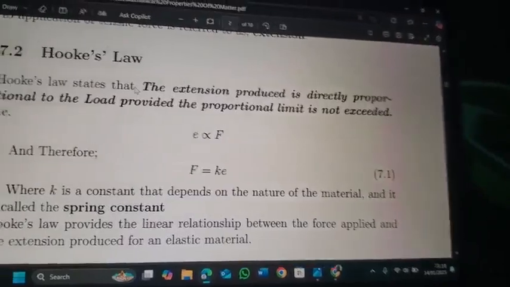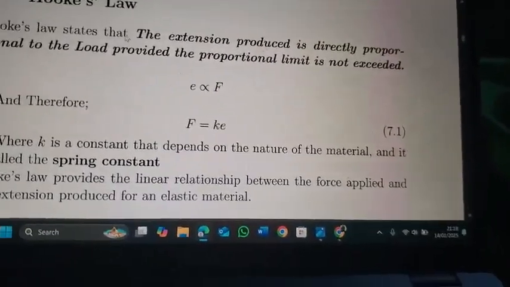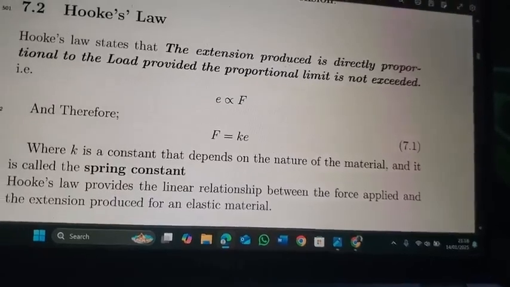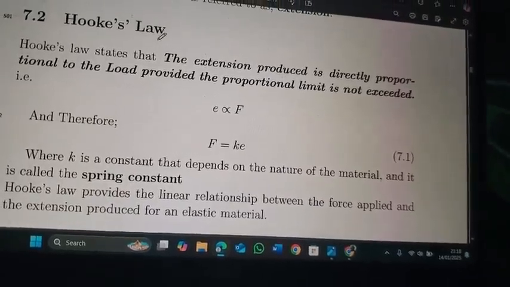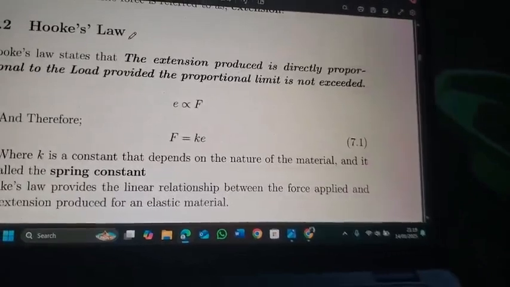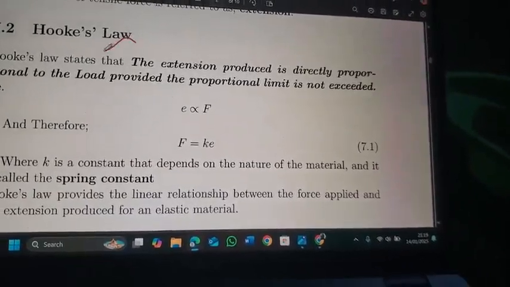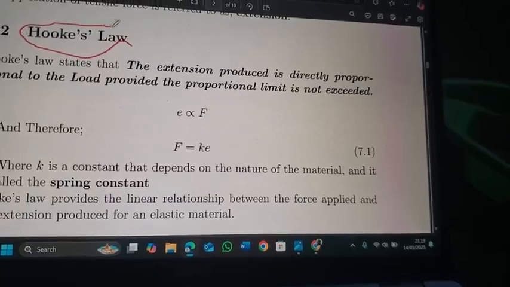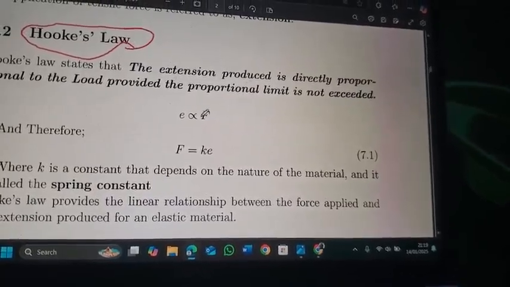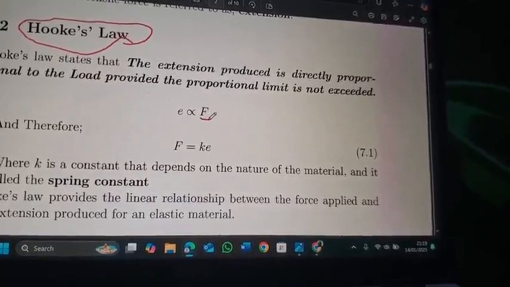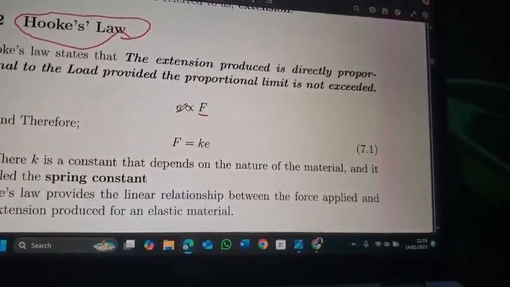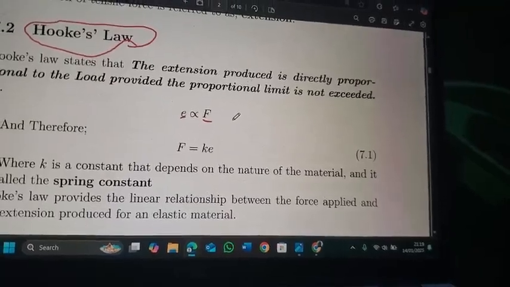There is a law that is going to guide us through our discussion of elasticity, and that law was developed by a gentleman called Robert Hooke. He developed this law in relation to a force which is applied to an elastic material and the extension which that force causes.